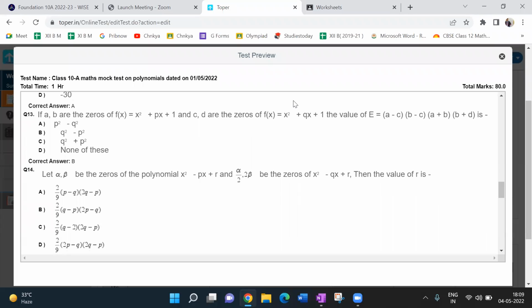So how many questions were wrong in this? There were 3 to 4 questions with errors. I'll either remove them and give the marks accordingly, or I'll not consider them.